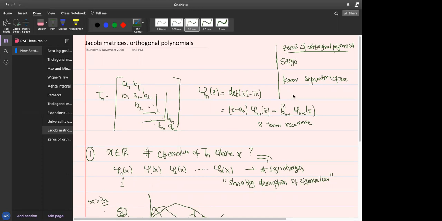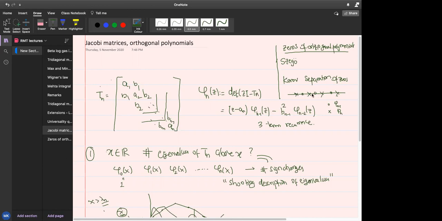If you look at the zeros of phi n, it turns out they are interlaced with the zeros of phi n minus 1. What Kac studied was how these interlaced zeros are spaced.